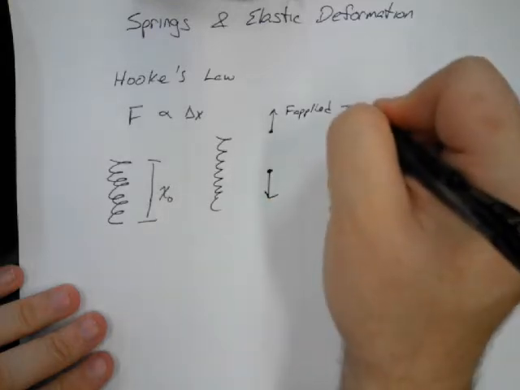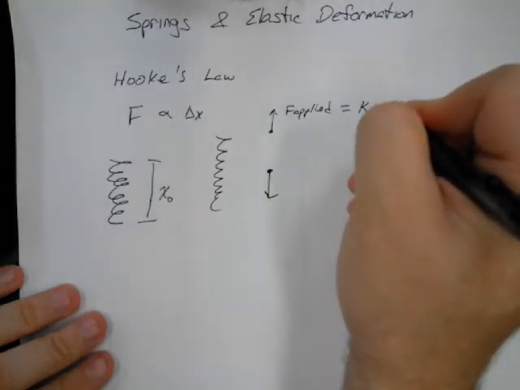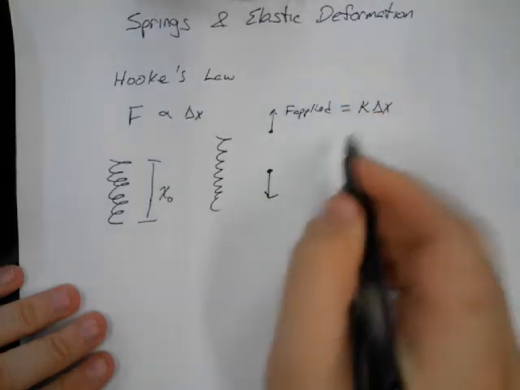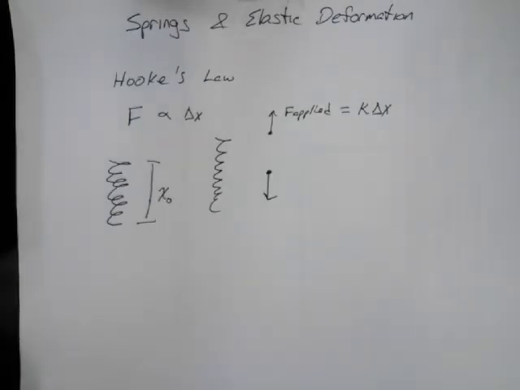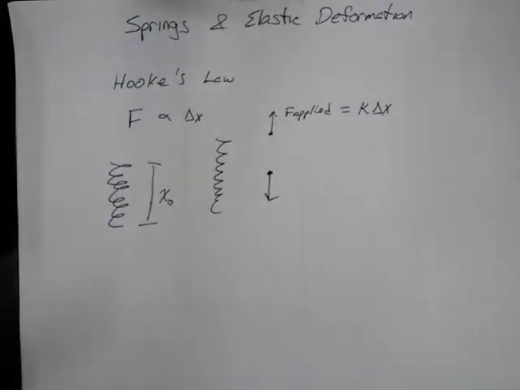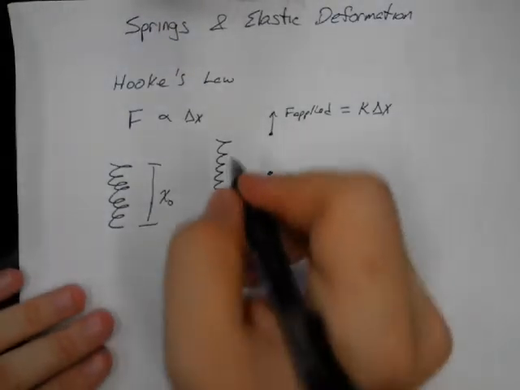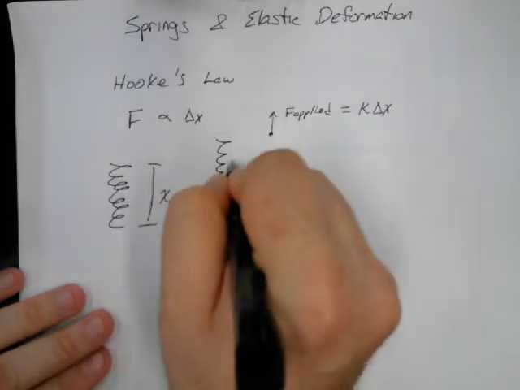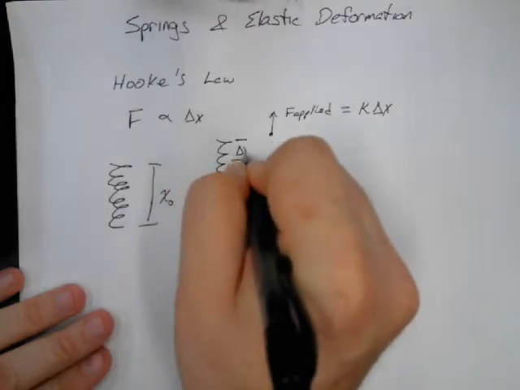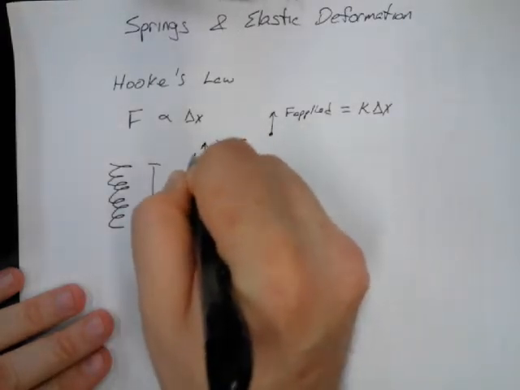So this applied force, let's say it's K delta X. K is going to be some constant. And it's positive because the direction it's changed in length here is delta X, and upwards is positive.